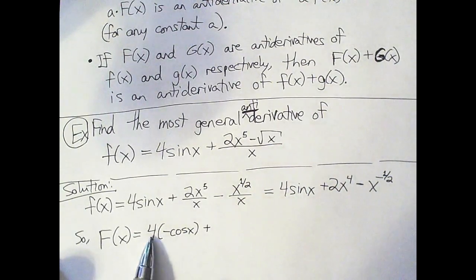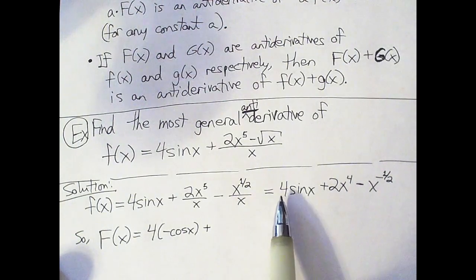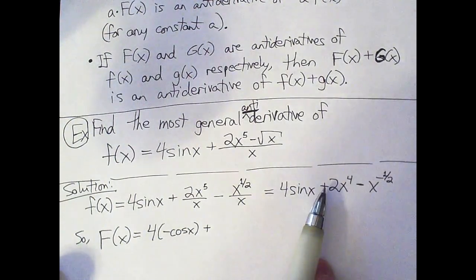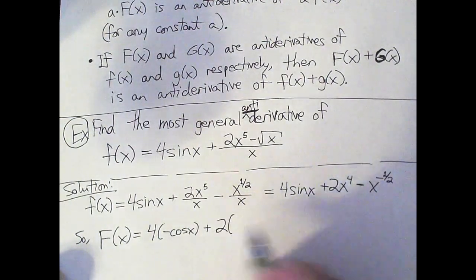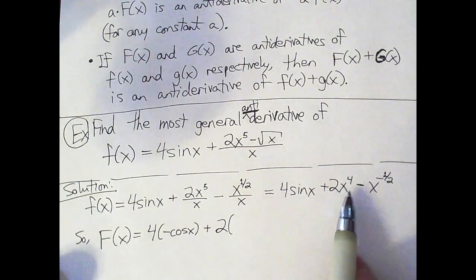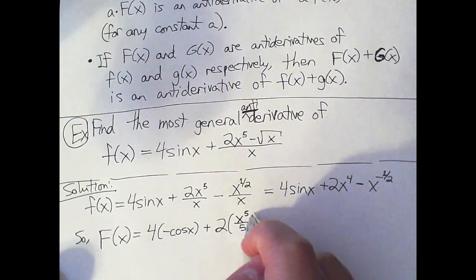The 4 is still there because of this fact that we said above. We said that, a times a function, a times a function. So the 4 just stays. The 2 is also just going to stay. 2 times, what is an antiderivative of x to the fourth? Well, x to the fifth over 5.